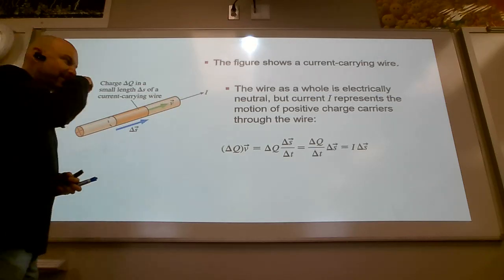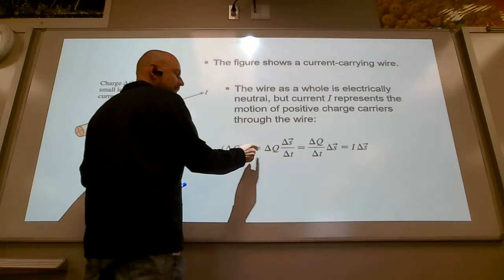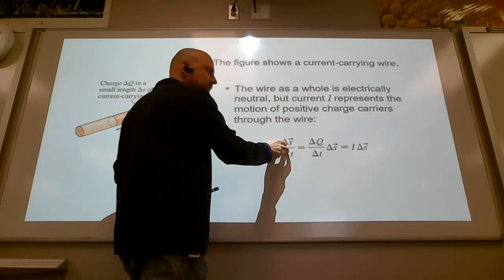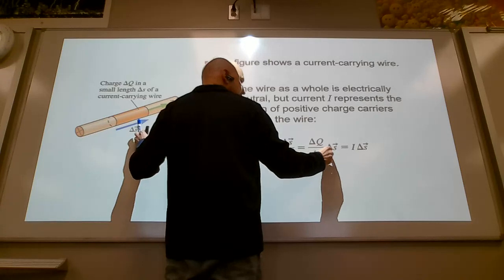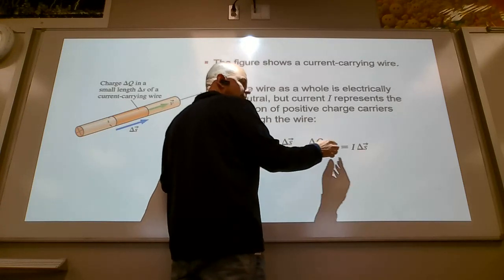That speed can be represented as distance over time. We can measure the distance, and so we move the delta t over here, and that becomes current.